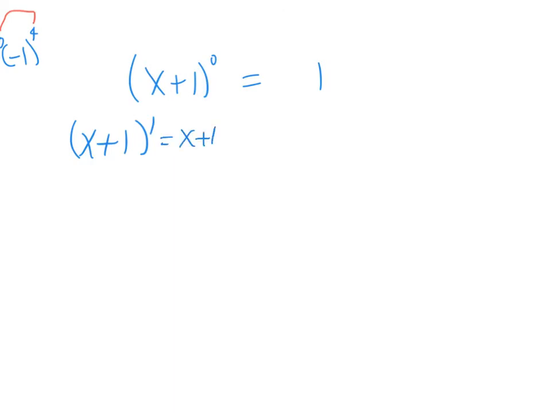What are the coefficients on there and the constant? What if I asked you to do x plus 1 squared? What does that multiply out to? What are the coefficients and the constants?